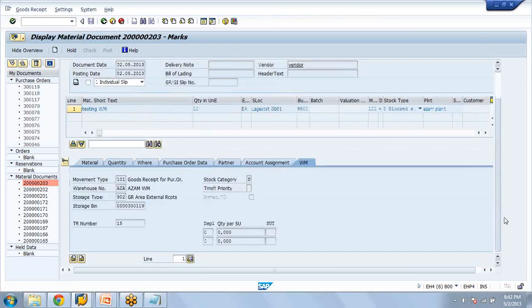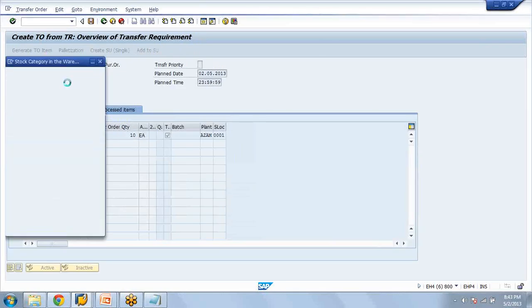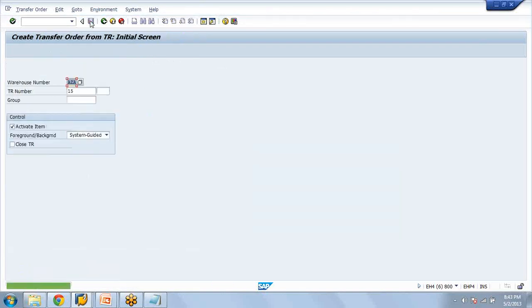Stock type, okay, it is as a blocked stock now. So save this.